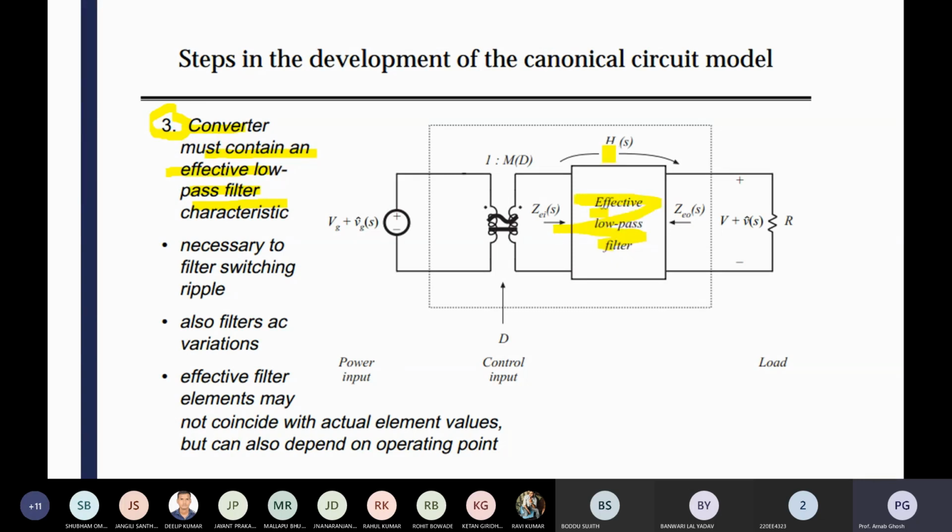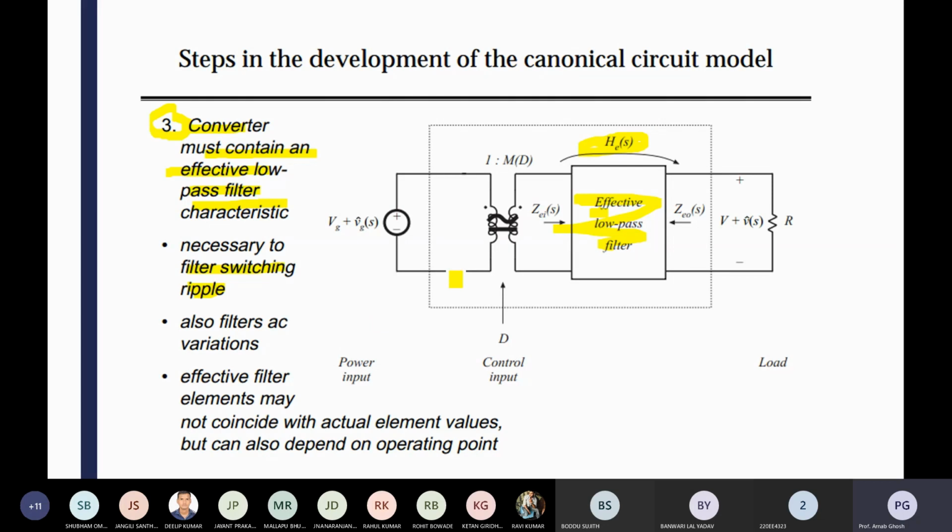The transfer function of that low pass filter is HES, which is responsible for mitigating the harmonics due to the switching frequency, which you can observe in the form of ripples. You have to overcome those ripples by selecting and designing the converter filter.